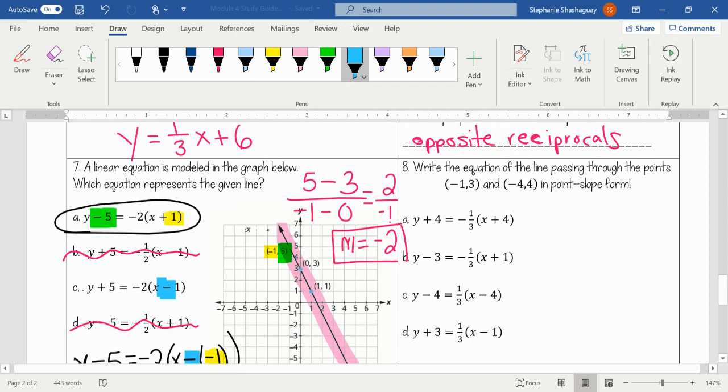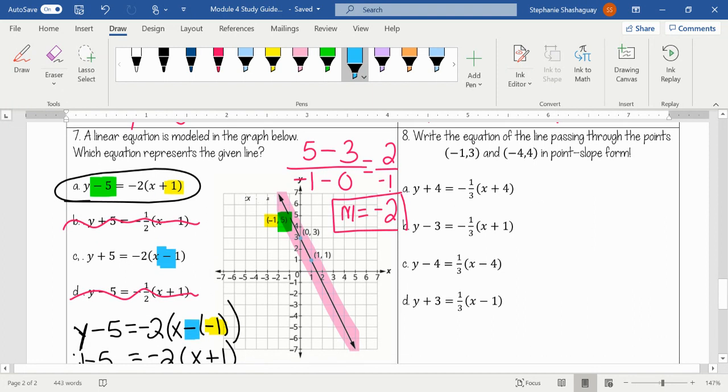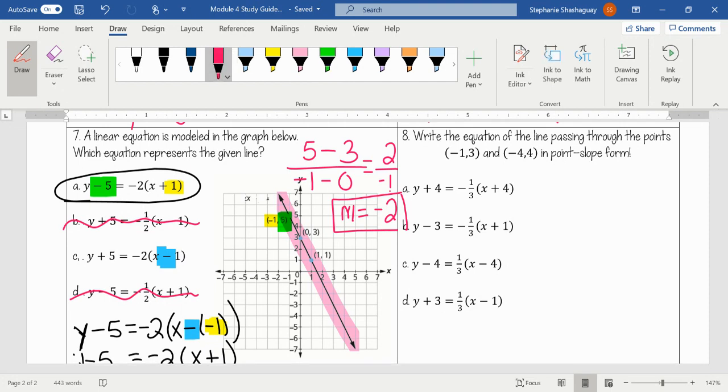All right, last question. We again have to write this in point slope form. So we're going to take our x and our y value. So x1, y1, x2, y2, and we're going to find our slope first.